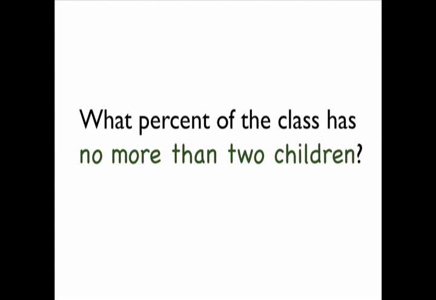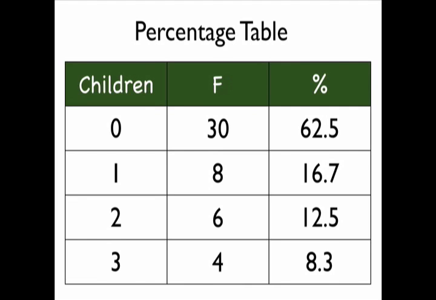What percent of the class has no more than 2 children? No more than 2 is short for not more than 2. 2 is the limit. Zero is not more than 2. 1 is not more than 2. And 2 is not more than 2.